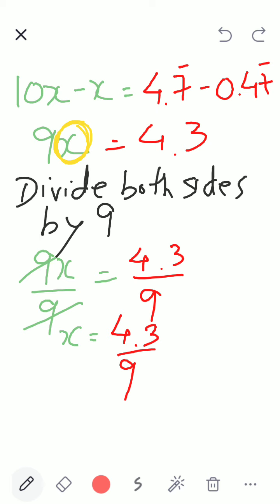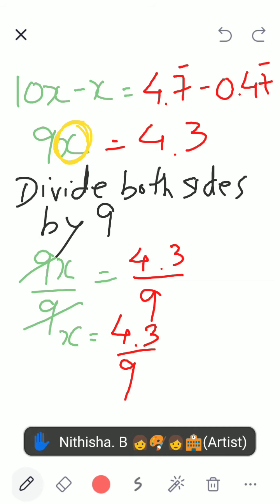No, no, no. Can I write? Yes, Subhashri. How? I want to know that. I got 4.3 in the numerator.